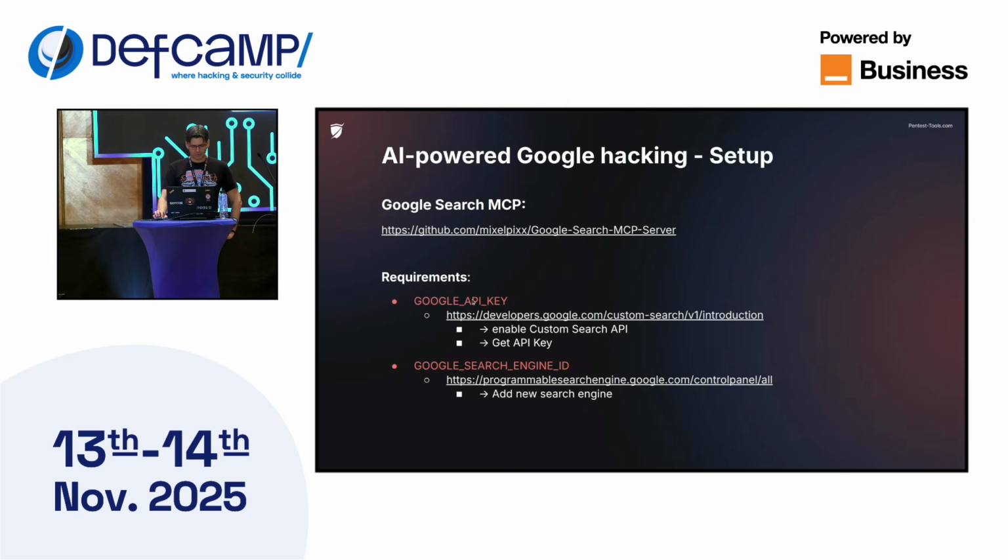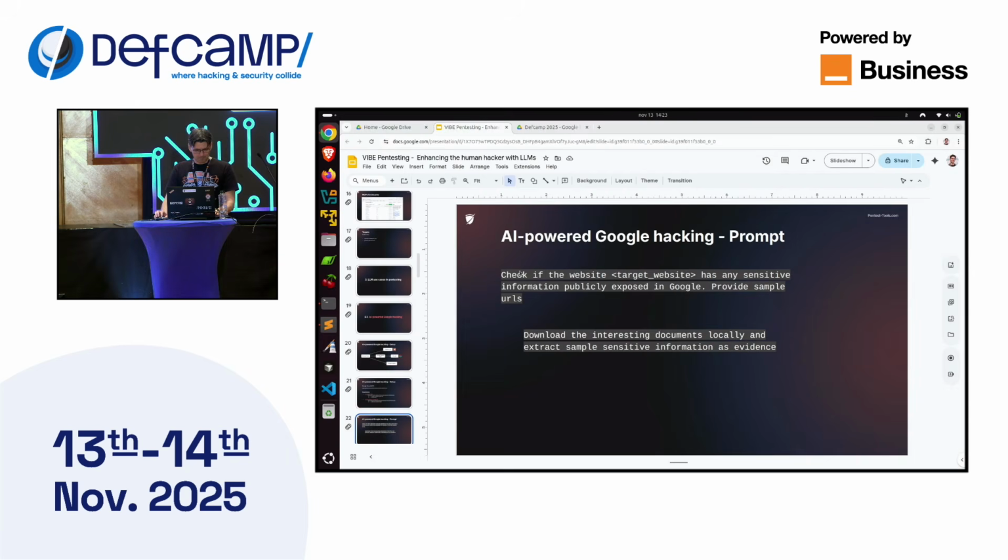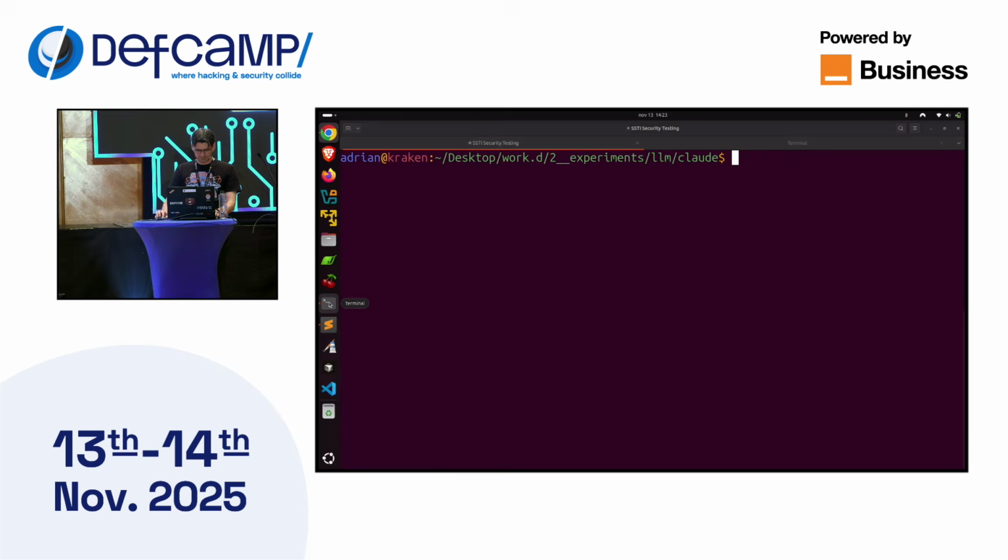Yeah, it needs two API keys, which I found pretty difficult to set up, but it eventually worked. And now, let's try a simple prompt like this one: check if the website has any sensitive information publicly exposed in Google. Now let's see how this works.